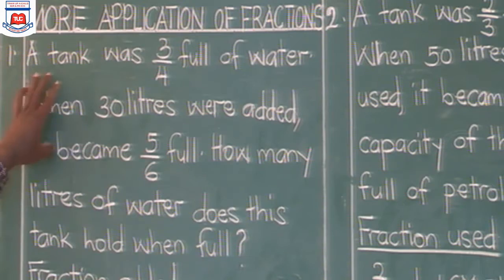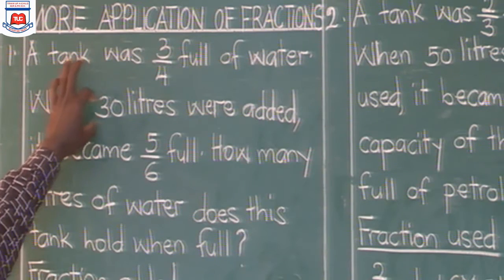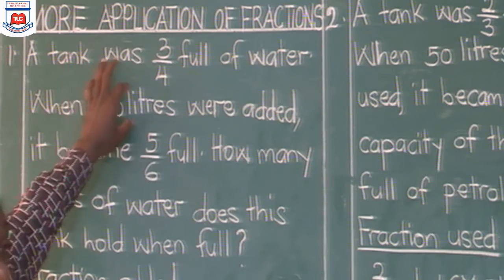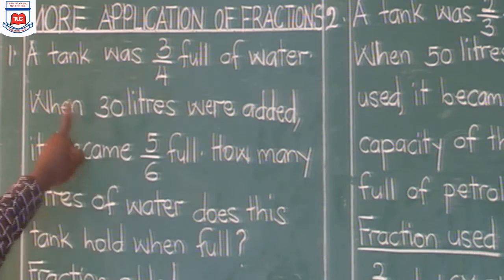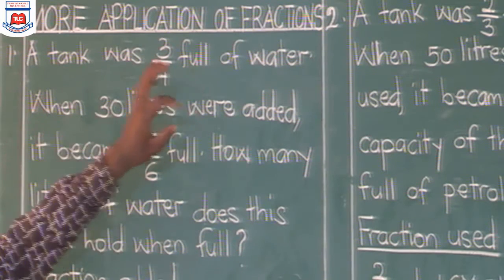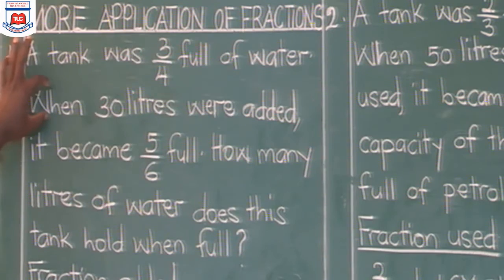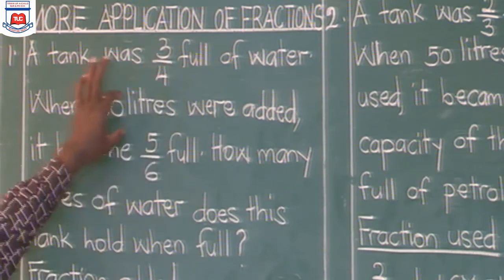Now, first with a situation like this, there are key points you must look at. 1, you must ask yourself what happened to the 30 liters. It is stated very well that when 30 liters were added, it means 30 liters were actually added.